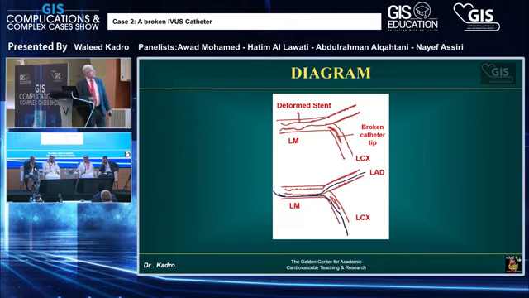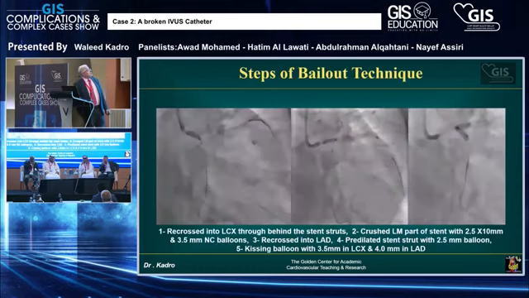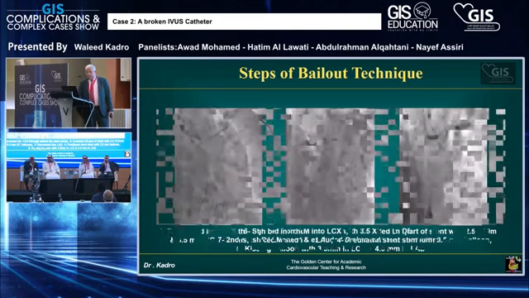This is a diagram, and I hope that everybody can understand it. So we went to the circumflex behind the stent and dilated the area, and crushed the stent, and then dilated through the crushed stent, went to the LAD and did kissing.